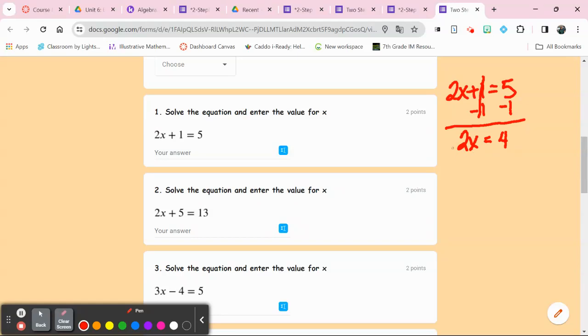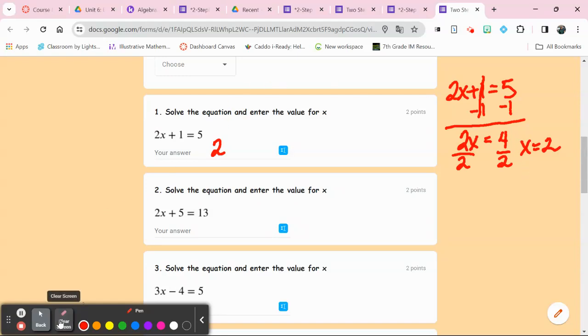That means multiply when a number is in front of a variable or parentheses, and the opposite of multiplying is dividing. So we're going to divide both sides by 2. That gives us the answer of x equals 2, and that is all you'd need to answer if it's on Google Forms. So that is how we do that.